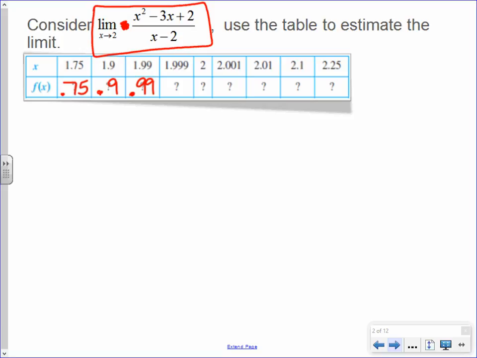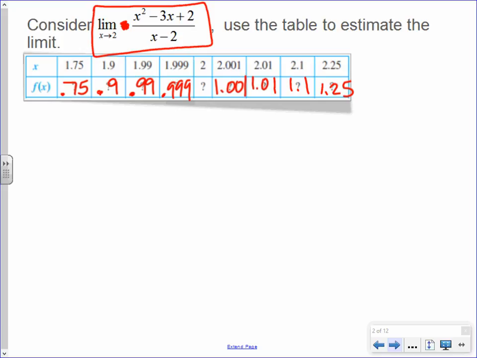Okay, I'll come back. Pod 5. What'd you get for 2.25? 1.25. Pod 6. 1.1. I'll come back to you guys. 0.999.